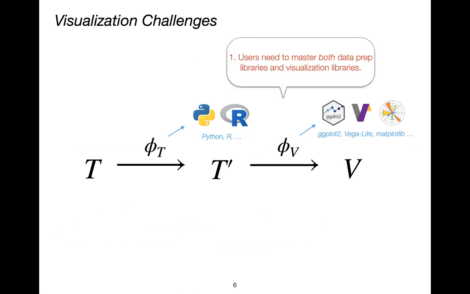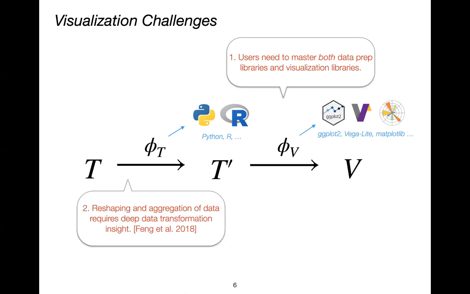Using those tools actually creates some difficulties for people creating data visualization. First, you need to be familiar with both data preparation libraries and visualization libraries in order to fulfill this pipeline, right? You need to know what visualization function to use and how to transform the data.